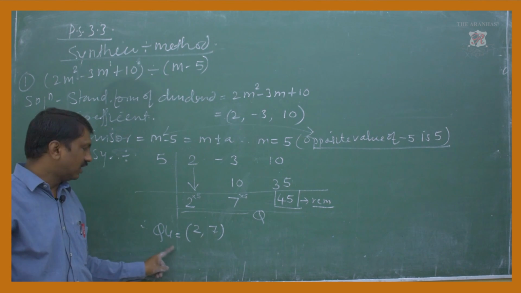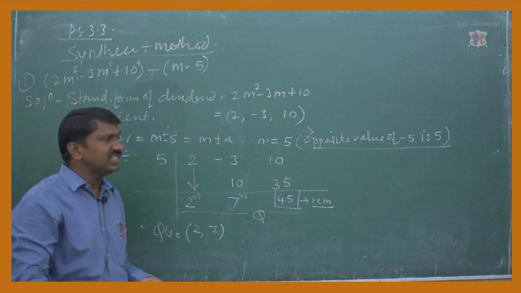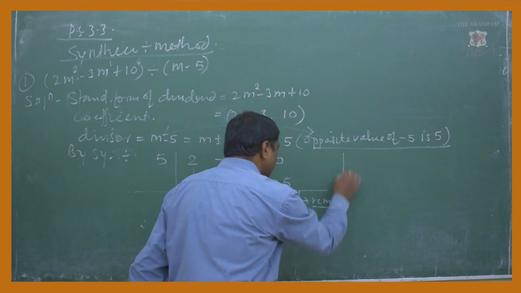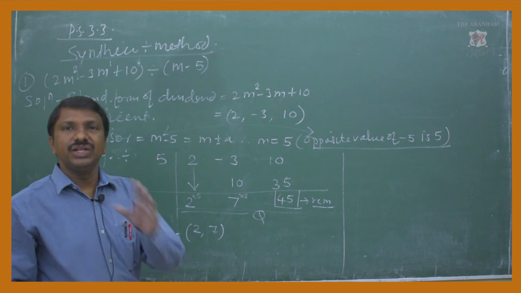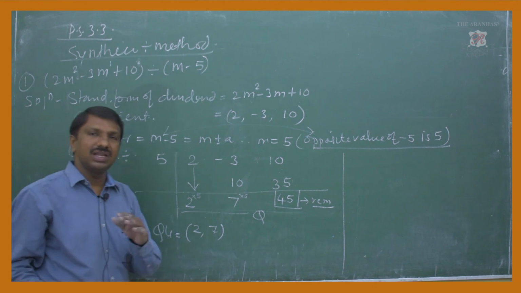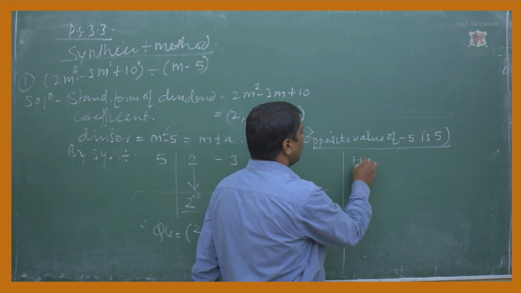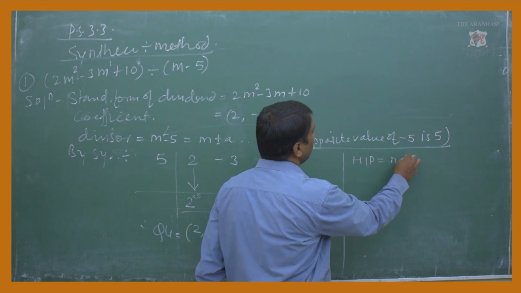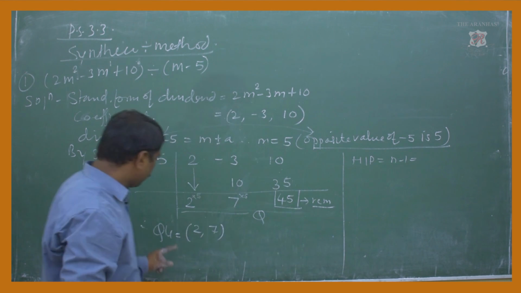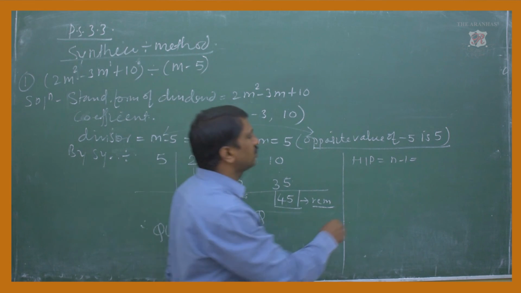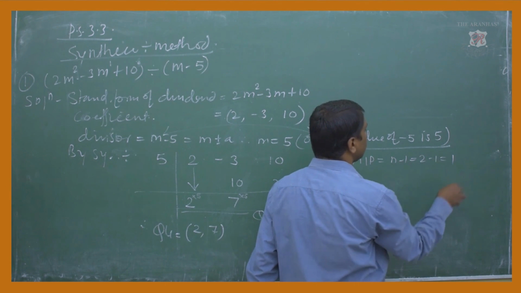Now you have to convert this into polynomial form. Last time I showed you the highest index power, HIP, which equals n minus 1. Here there are 2 terms, so 2 minus 1 equals 1.